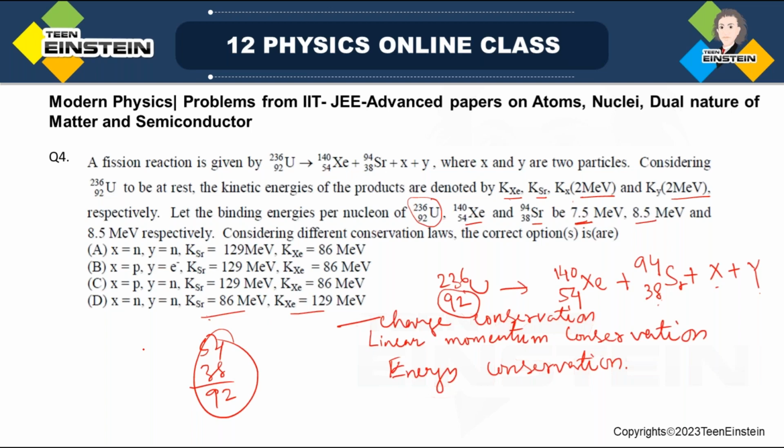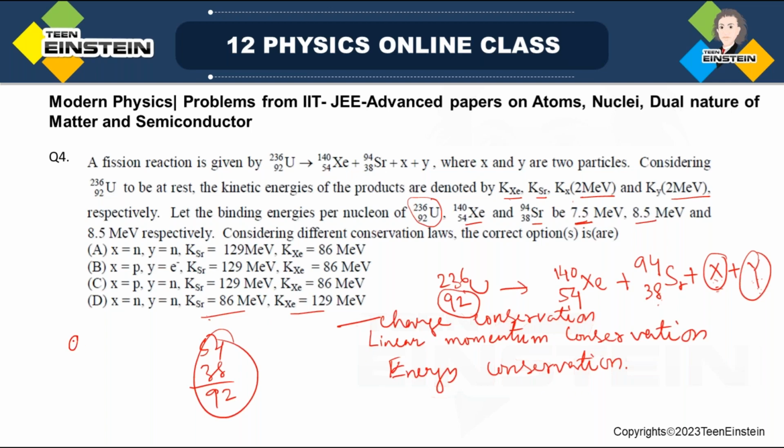So the X and Y particles must be neutral, or their charges will be such that if we add the charges, the total charge is 0.